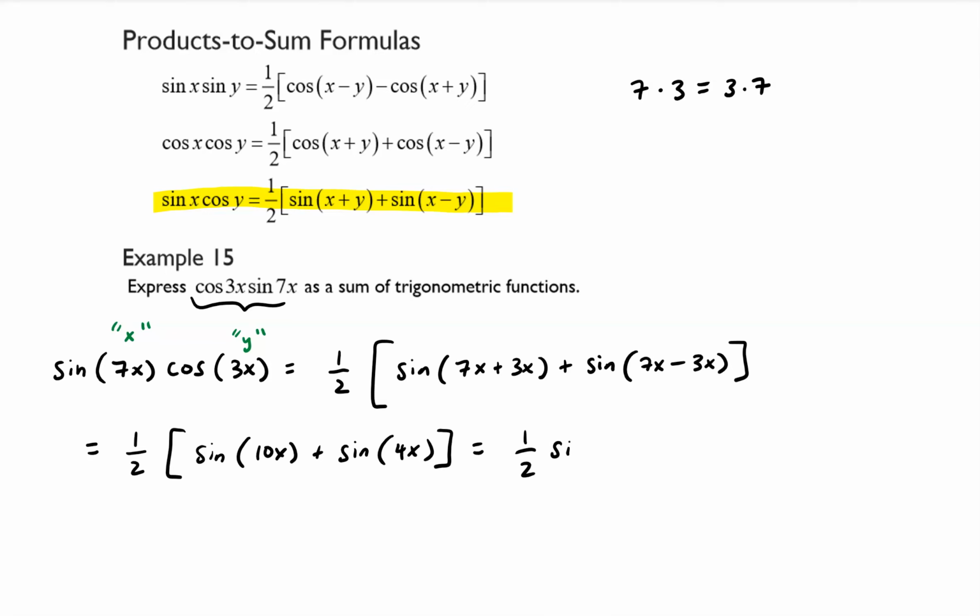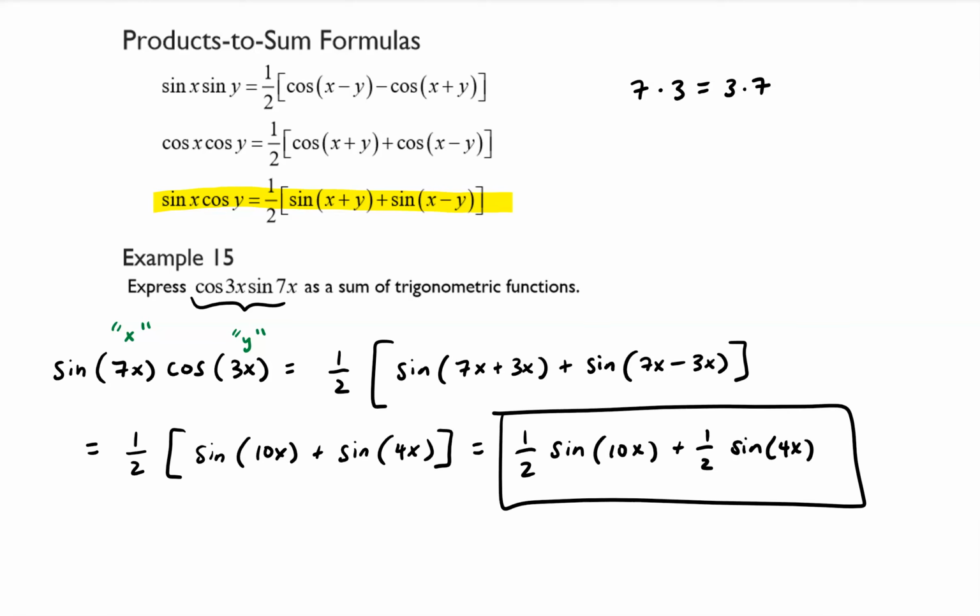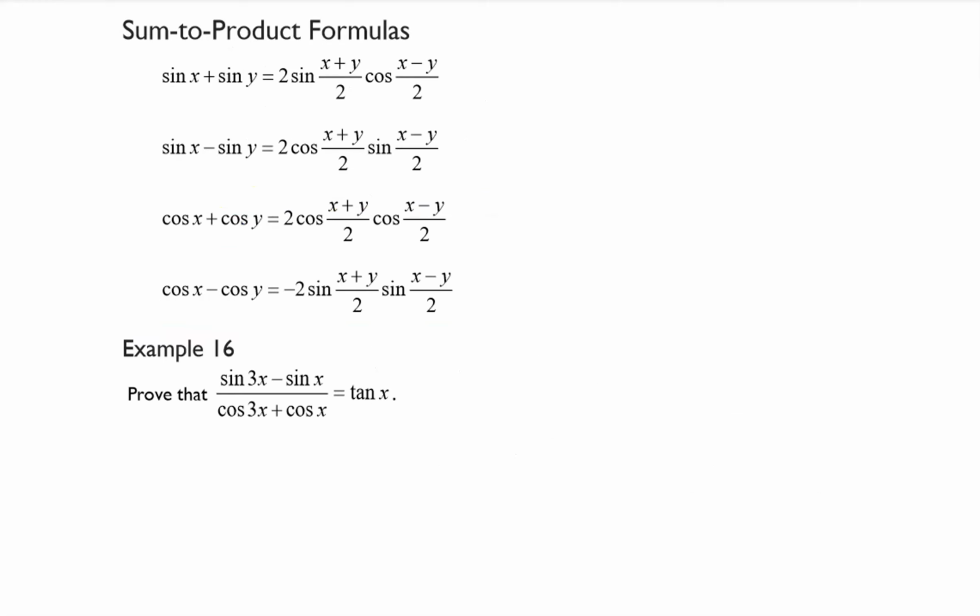So we get 1/2 sine of 10x plus 1/2 sine of 4x. And we can't really do anything further with that, so let's just leave our answer as that. That concludes example 15. Here are a list of sum to product formulas that will become useful, especially in the next example.